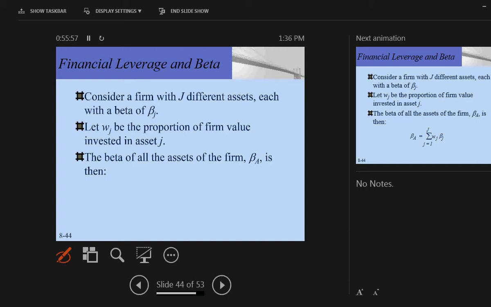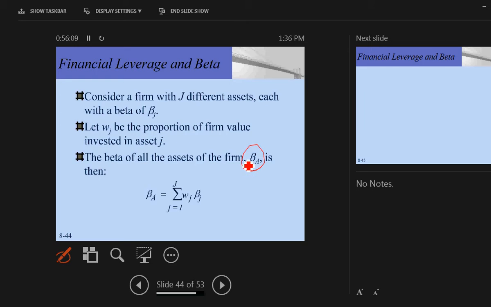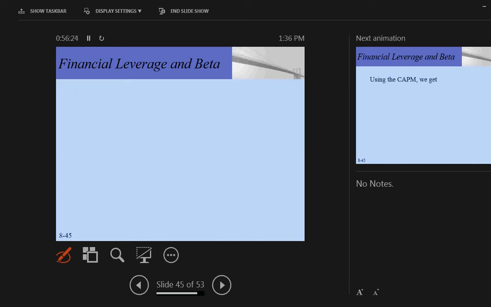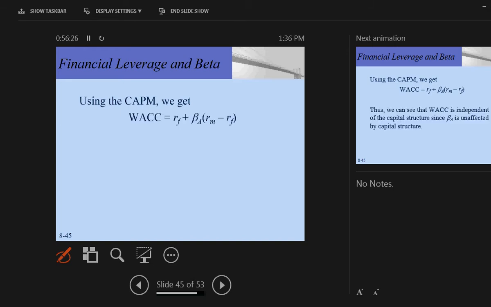So the beta for all of the assets, which we call beta A, the average beta, the beta of the aggregate, is simply the weighted average of all these asset-specific betas. You can think of beta A as the average intrinsic risk associated with the assets of the company. Okay? Now, using the CAPM, WACC for this particular company is going to be given by this.